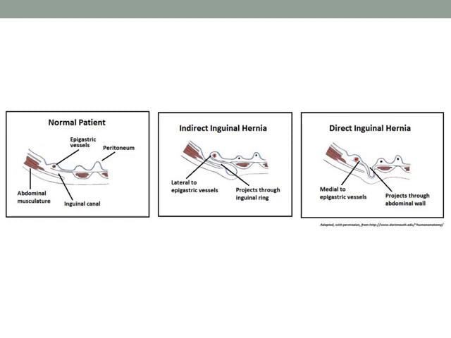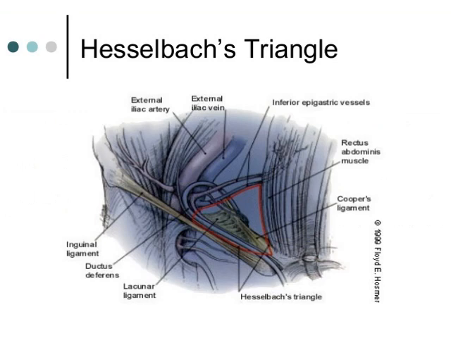This diagram shows a normal patient, a patient with an indirect hernia, and a patient with a direct inguinal hernia. And this is again the Hesselbach triangle, bounded laterally by the inferior epigastric vessels, medially by the linea semilunaris or the lateral border of the rectus abdominis muscle, and inferiorly by the inguinal ligament.